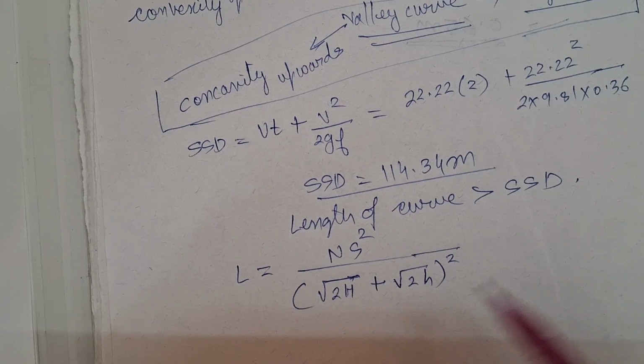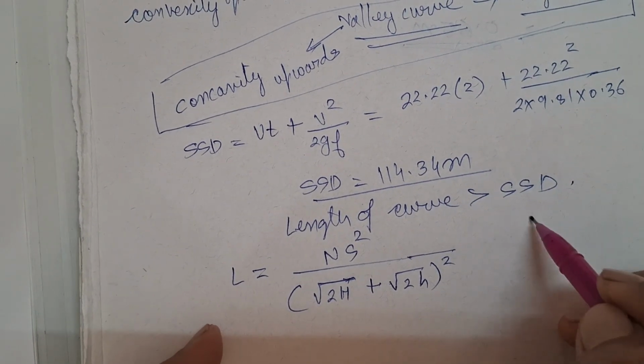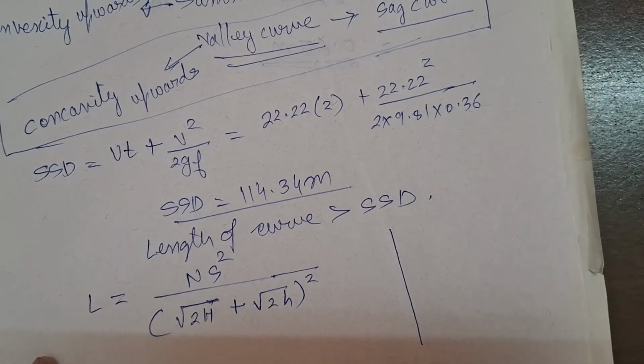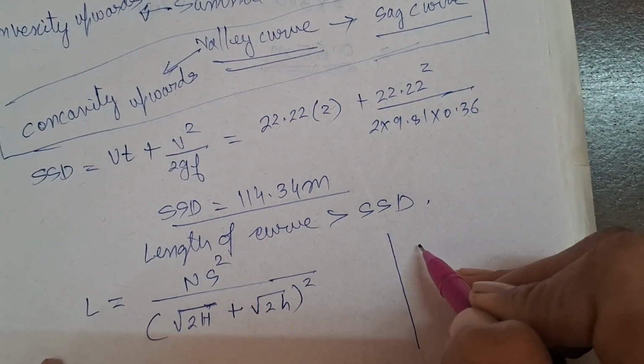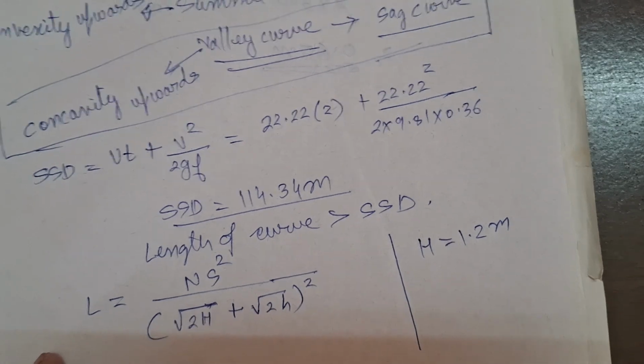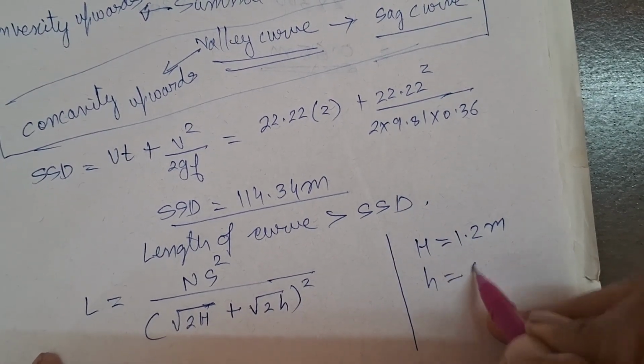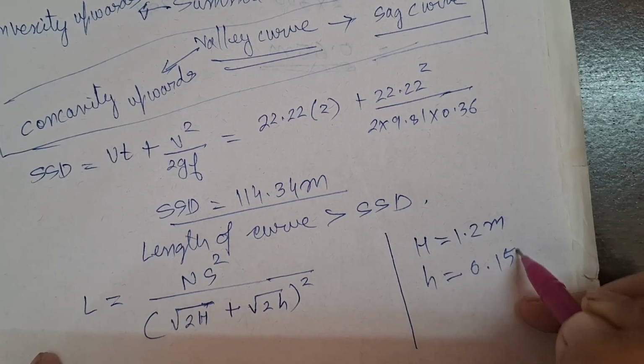Here they have given capital H and small h. Again I am telling you, if they have not given them, we can take capital H equal to 1.2 meter and small h equal to 0.15 meter.